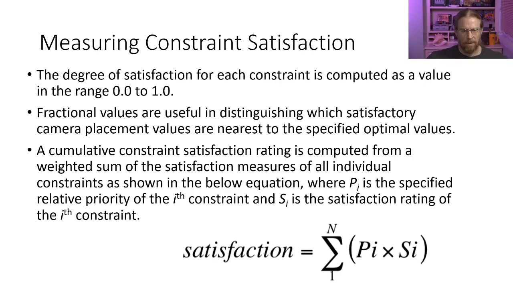But then we're multiplying by these priorities. So individually, each of the constraints has the satisfaction of whatever the nature of the thing we're solving is, like a distance or angle, that sort of thing. And then we have the priority order, and then we can multiply that out and take the sum. And so this gives us our cumulative constraint satisfaction rating.